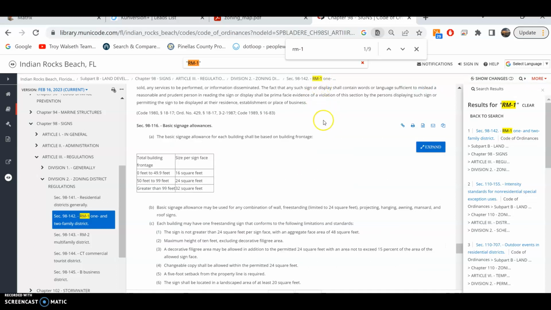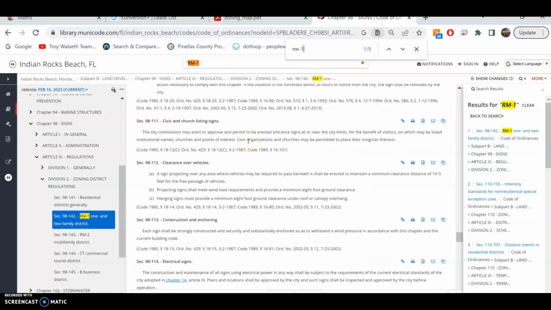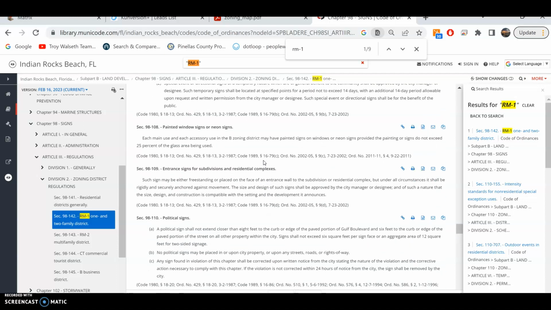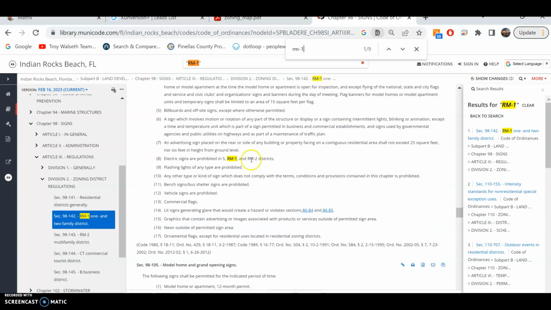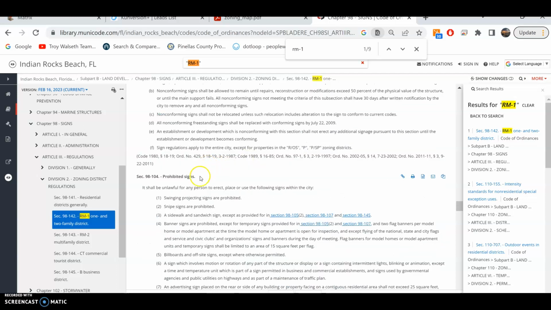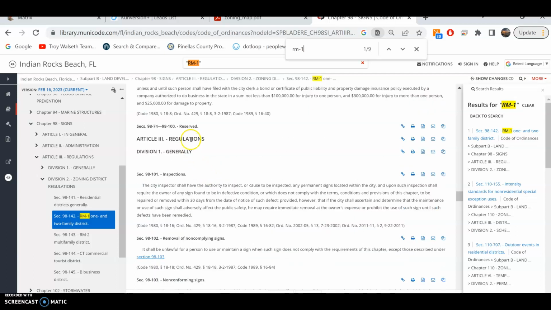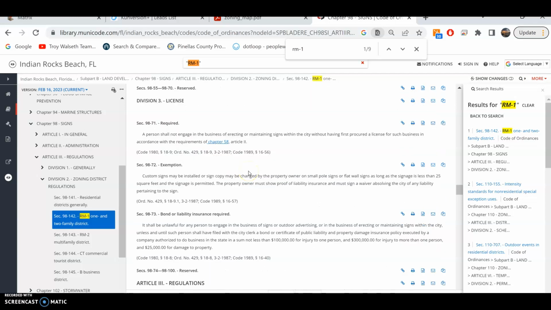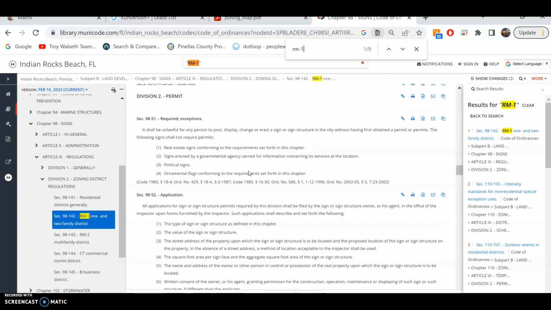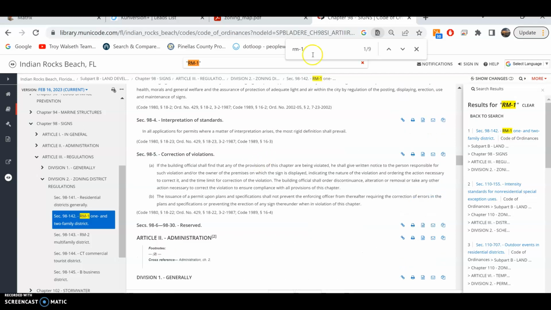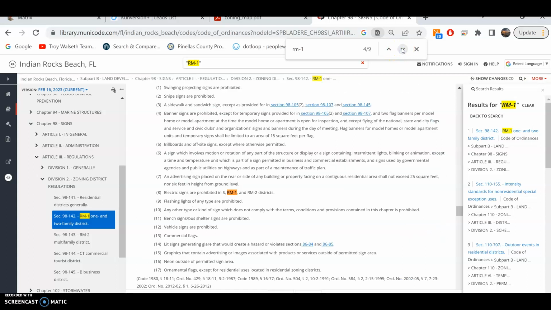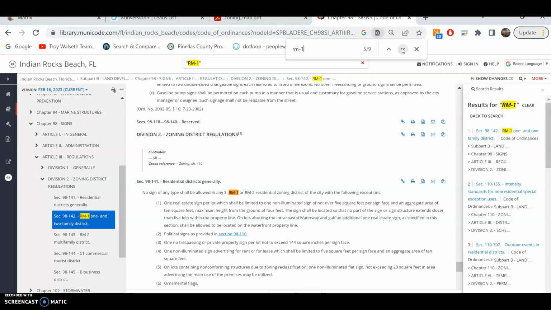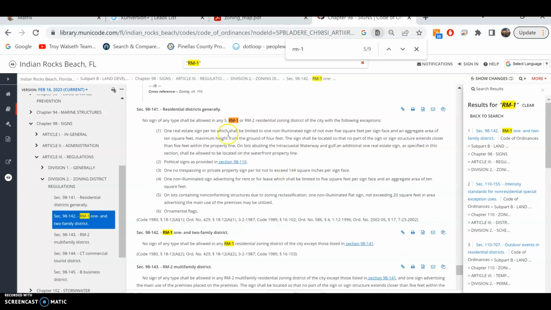Signage, construction, anchoring, RM-1, prohibited signs, but we want building regulations, general, license, permit. Electric signs, residential districts generally, zoning district regulations, 1 real estate sign per lot, RM1.